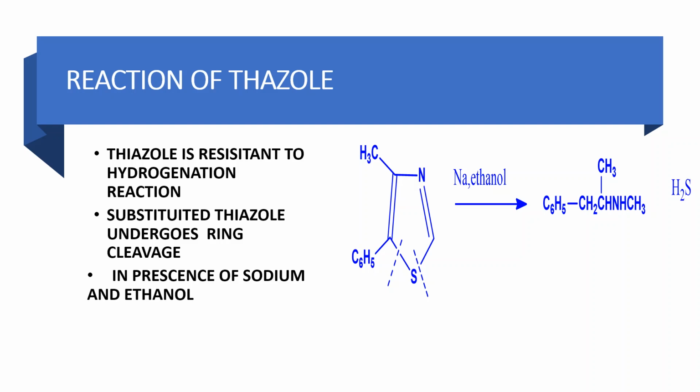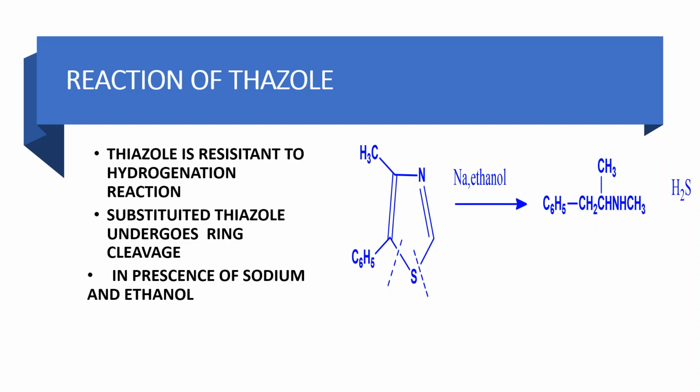Then it is resistant to reduction. As you see, in thiazole ring opening will take place and you get a cleavage. Your ring will break to give you a straight chain compound. Rather than a reduced product, ring breaking takes place and you get a saturated straight chain aliphatic compound instead of an aromatic one, in case of reduction.